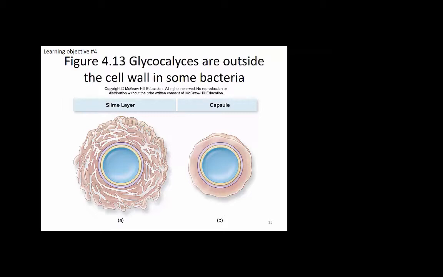Some bacteria have a glycocalyx, and the glycocalyx can be either a slime layer, shown on the left, which is a very watery, loose layer outside of the cell wall and cell membrane, or the glycocalyx can be capsule form, which is a more compacted, tighter layer. In both of these glycocalyx drawings, the slime layer and the capsule are light brown or tan.